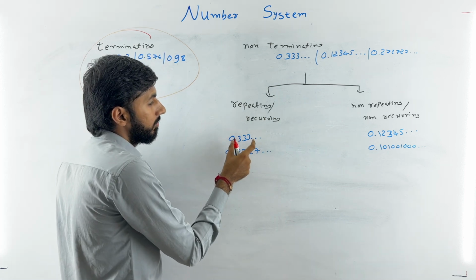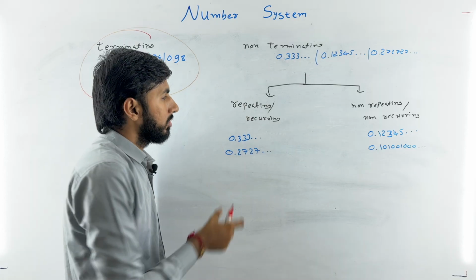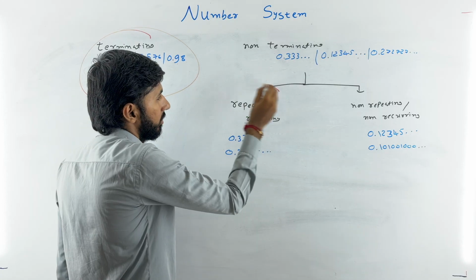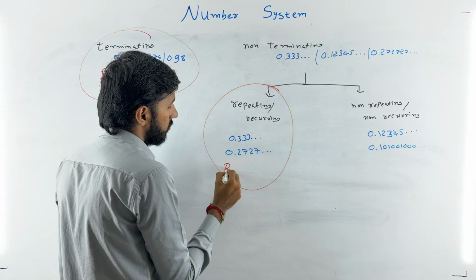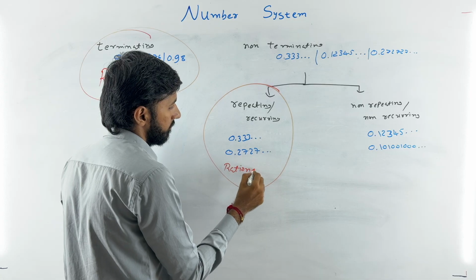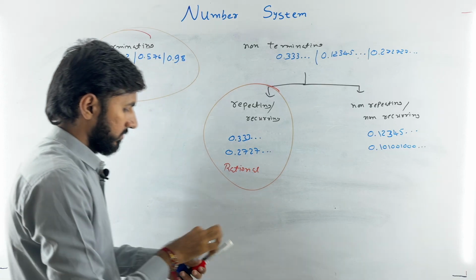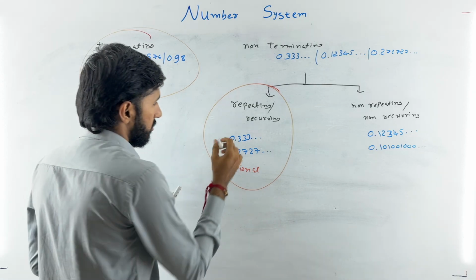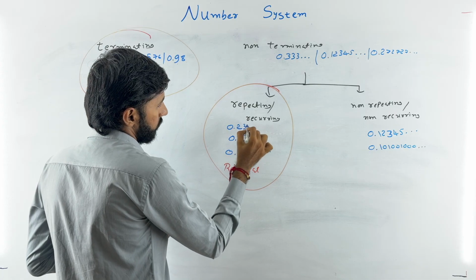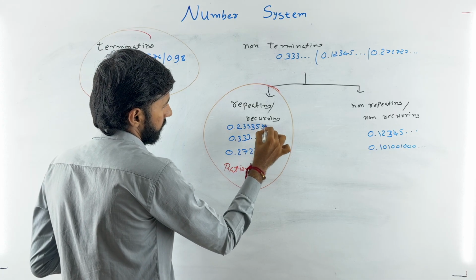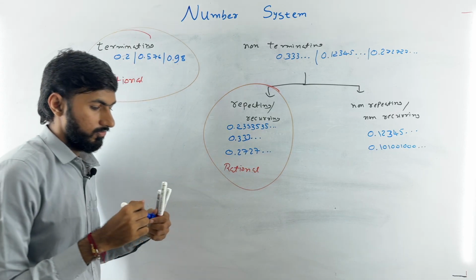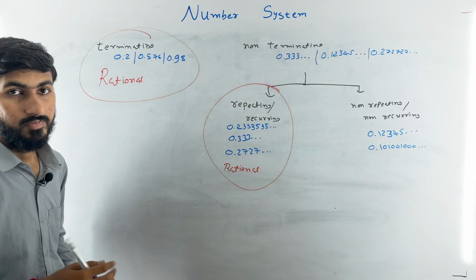If the digits are repeating or recurring, that means this is also a rational number. You can write 0.235335. This is also an example of rational numbers, right?